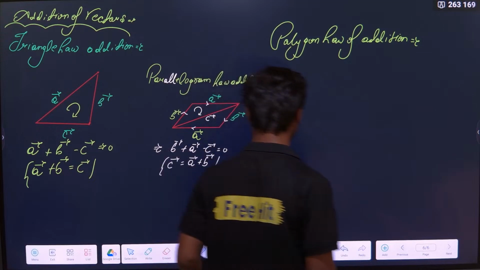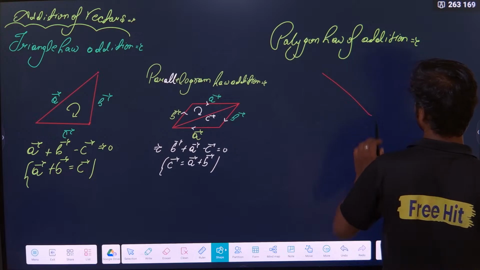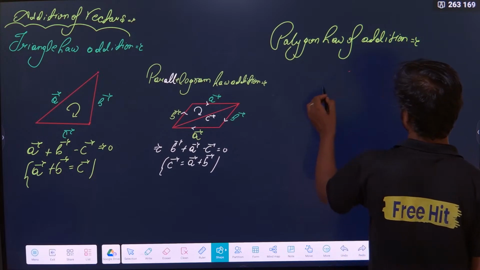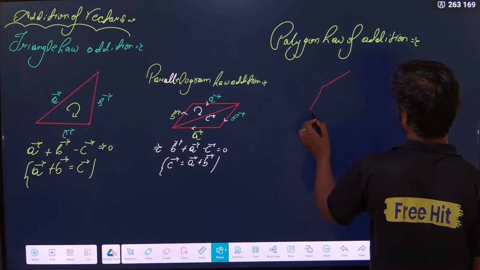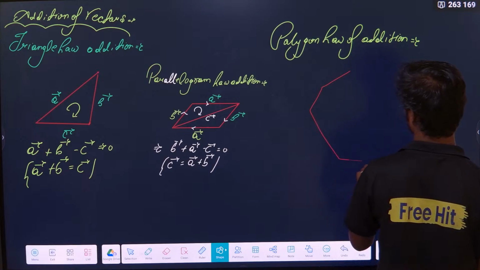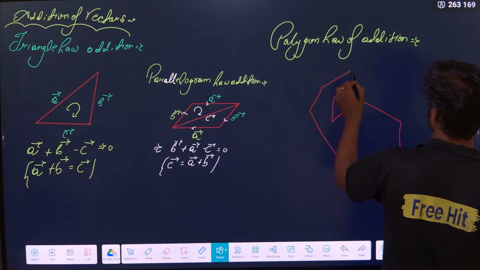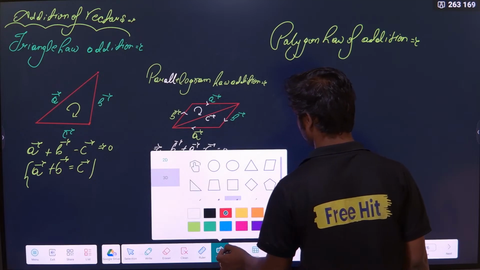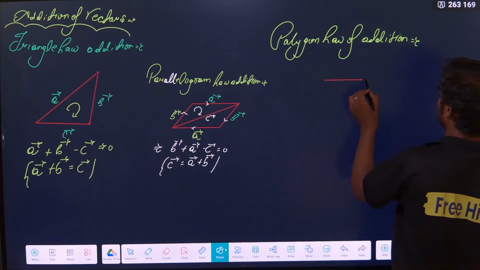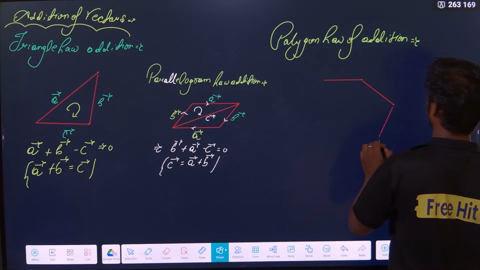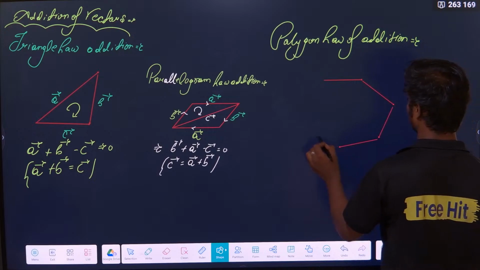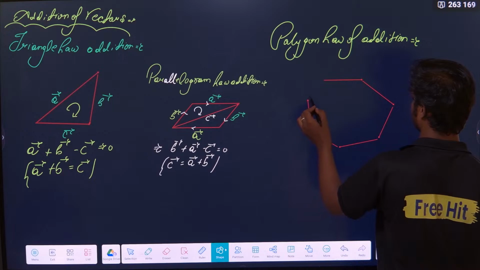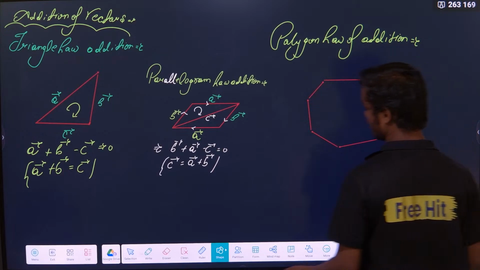Let us take any polygon. Sorry, let me draw it. Something like this.